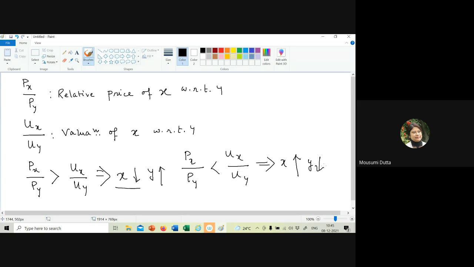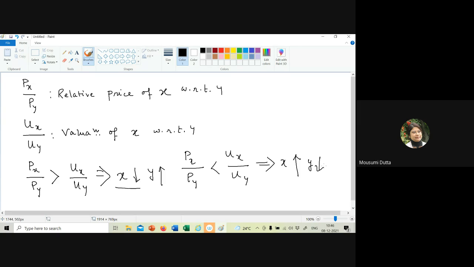Both the cases are indicating you are not settled. You are continuously substituting one commodity by the other. So it cannot be the equilibrium solution. Equilibrium means a state where, given this utility function and given this money income, you will not change it further, because this is the most satisfactory point given your income.